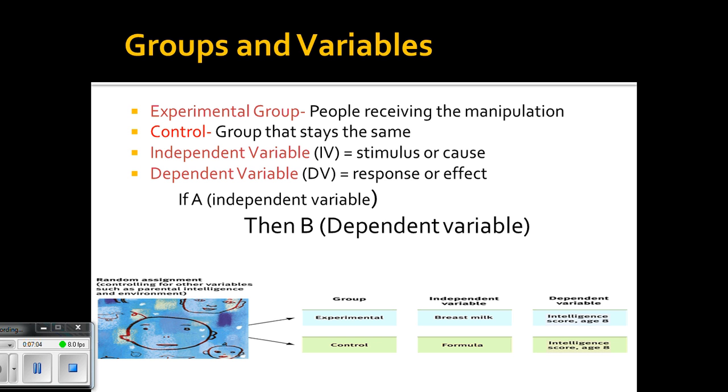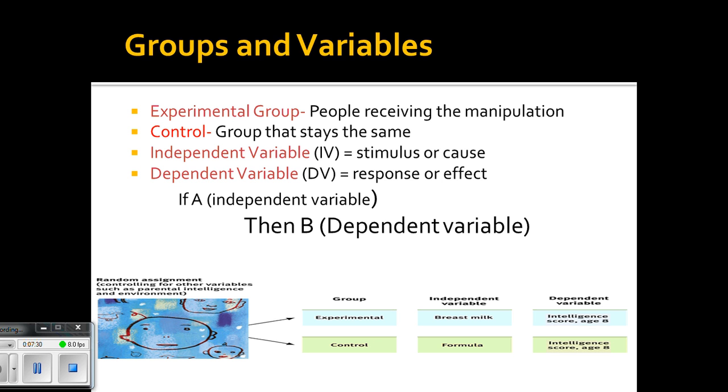My experimental group is the group that's changing, manipulated. For my period 1, they're getting coffee. Control, staying the same, they're not. Alright. The independent variable and dependent variable is what's happening, what are you giving them, and what's happening particularly with the behavior. So the independent variable is the stimulus. So I'm giving them coffee to some groups.